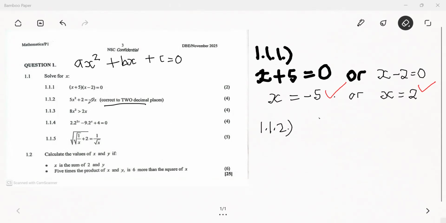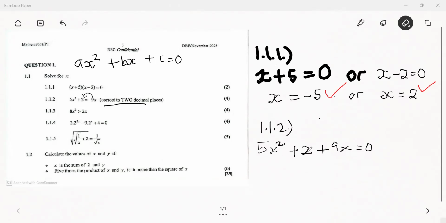So first we have to put this into the standard form of a quadratic equation by taking the -9x to the other side. So then it becomes 5x² + 2 + 9x = 0.